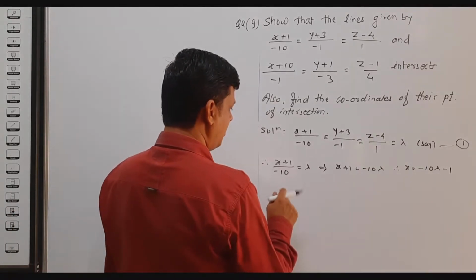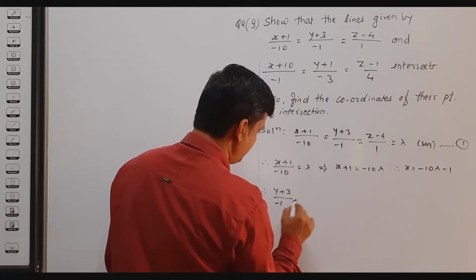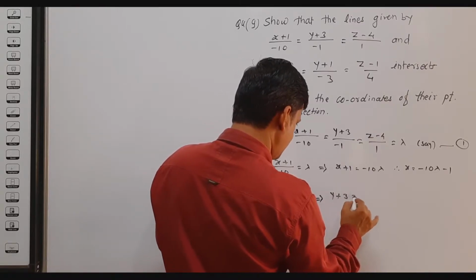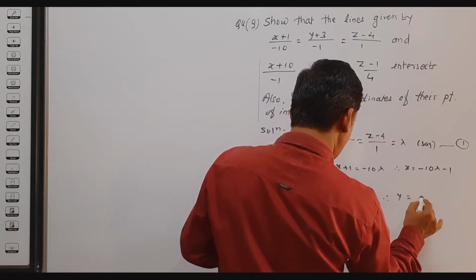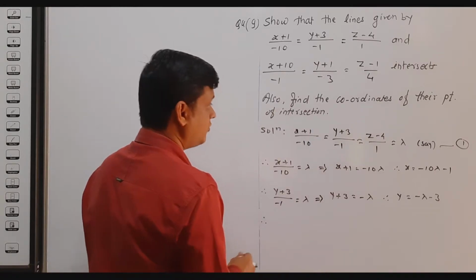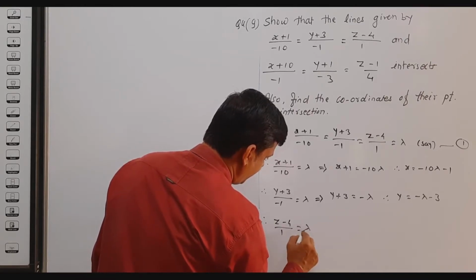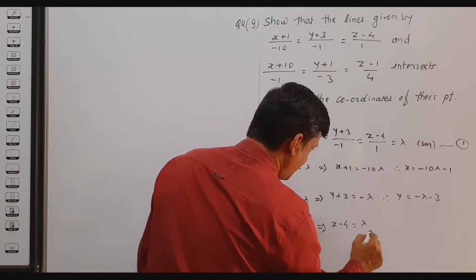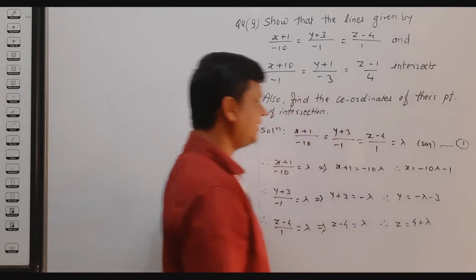Now we find the y coordinate similarly. (y plus 3) upon minus 1 is equal to lambda, so y plus 3 is equal to minus lambda. Therefore y is equal to minus lambda minus 3. Now see the third value: (z minus 4) upon 1 is equal to lambda, which implies z minus 4 is equal to lambda. Therefore z is equal to 4 plus lambda.